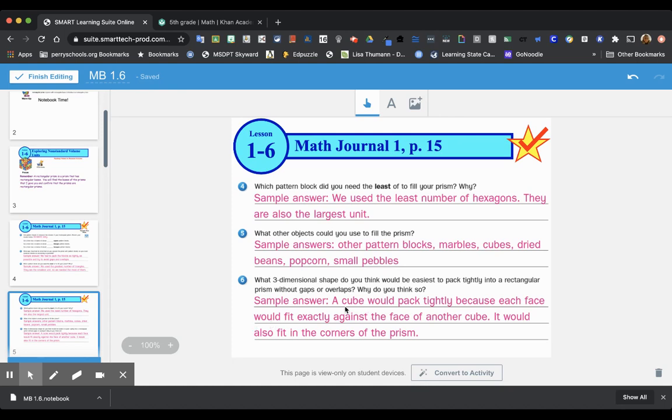So when measuring volume, a cube, as you'll see right here, would pack tightly because each face would fit exactly against the face of another cube, and it would also fit into all the corners of the prism. So we're talking about those characteristics still, okay? A rectangular prism has those four right corners just like a cube would, and it has the same amount of sides.